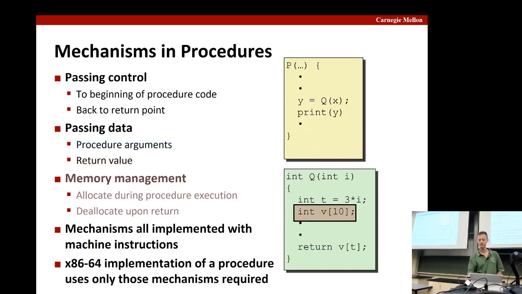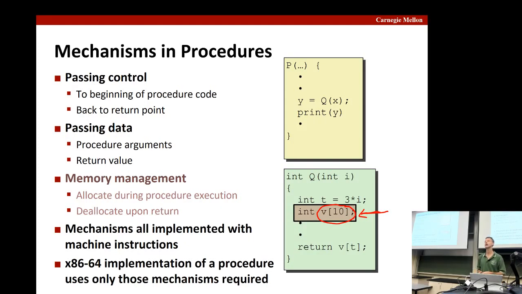So notice that this procedure allocates some local state, and we need to handle that carefully because, particularly in cases of recursion, this exact same procedure is going to be called again and again and again. And so you want a separate instantiation of this local state. Okay. So those are 3 components. They're all going to be done and we'll show how they're all done in machine instructions.